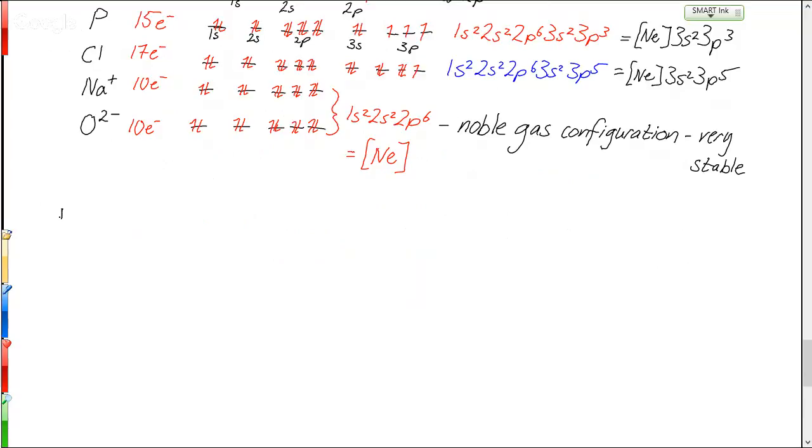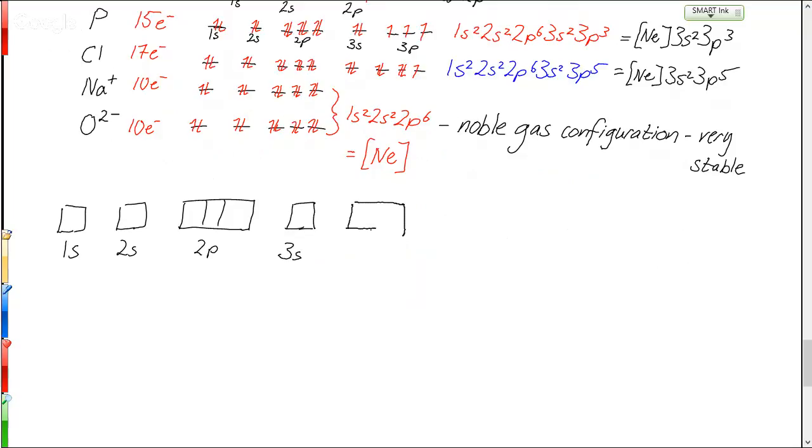Let's make our boxes. So we got our 1s, 2s, 2p, 3s, and 3p. So what's next?